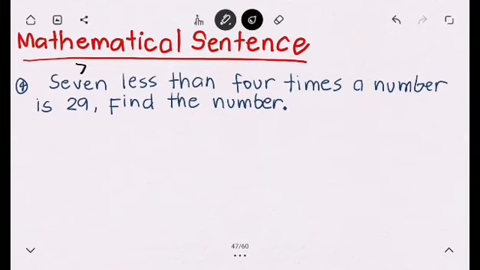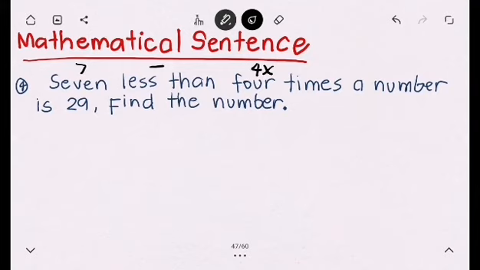Ang less than, sabi natin sa last na lesson natin about verbal expression to mathematical expression, ang operation niya is subtraction. 4 times a number. Ang number natin, again, is yung variable represented by x is 29, sabi dito sa sentence.